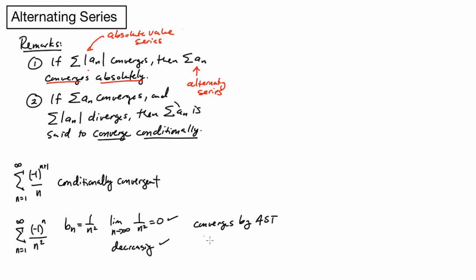So I know that the sum of an converges. What I need to now figure out is, does the absolute value series converge? If this is an, I'm going to look at the absolute value of the terms.